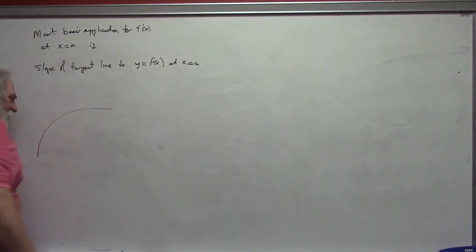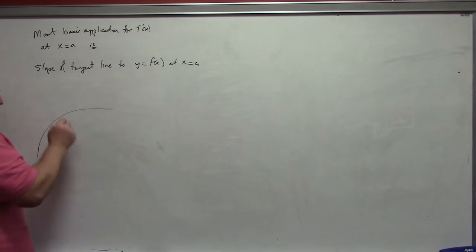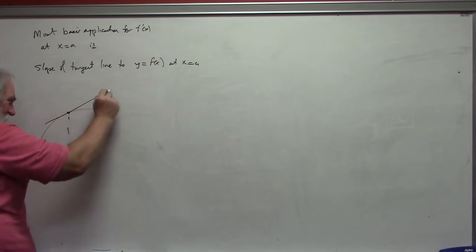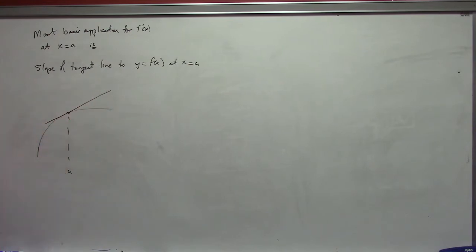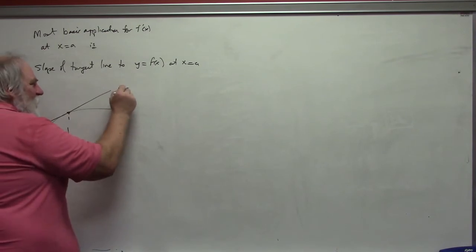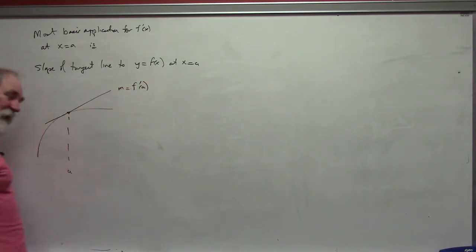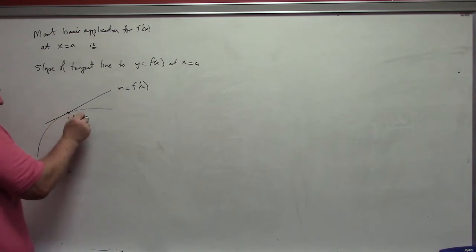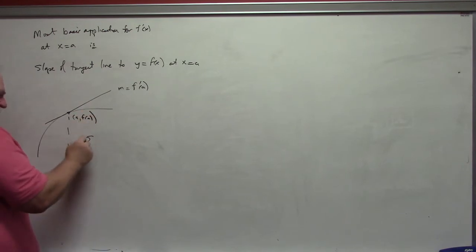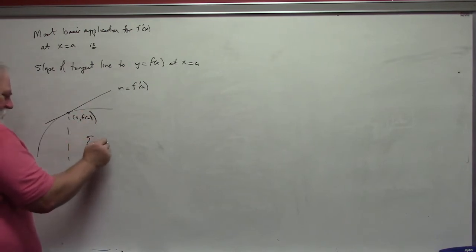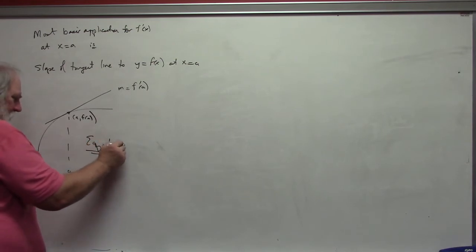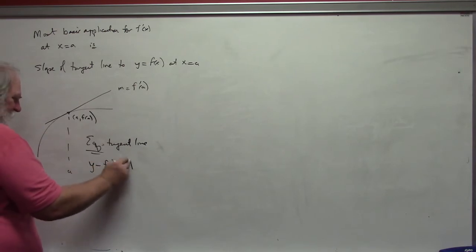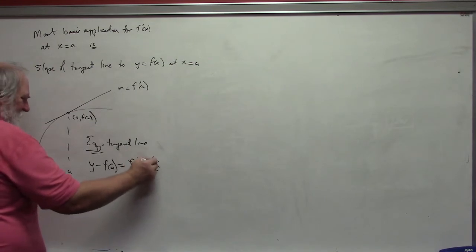And so if we have some basic curve and some value a, and I look at this tangent line to the curve, the slope of this line is going to be the derivative at a, which means, this point being the point a comma f of a, the equation of the tangent line would be y minus f of a is equal to f prime at a times the quantity x minus a.